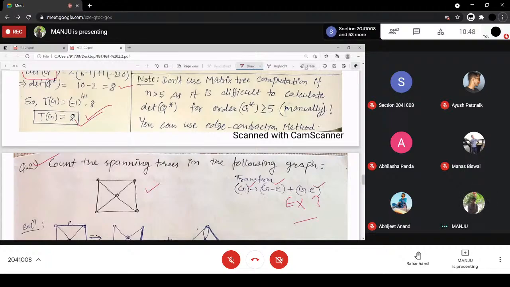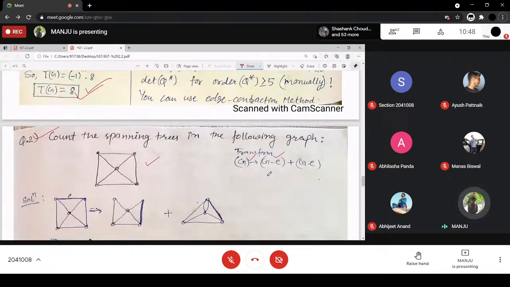If yes, you just add them. Otherwise, again recursively you can apply this. Again transform G minus e to one graph minus, that is G minus 2 edges, and this will be G minus e contracted one more. Clear?